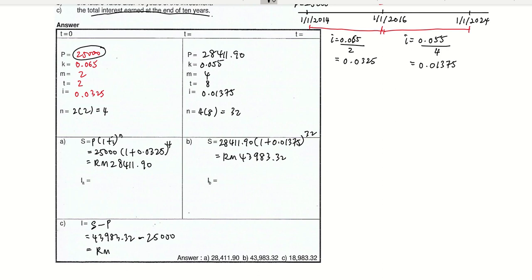So the total interest earned at the end of 10 years is 18,983.32.